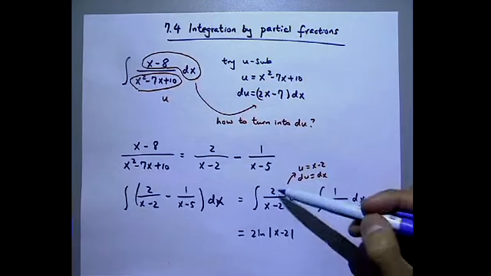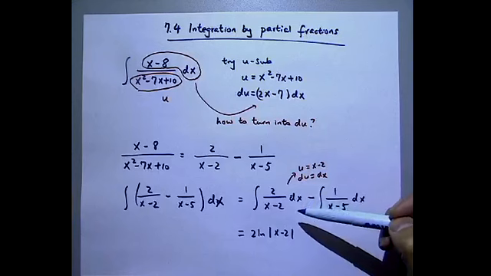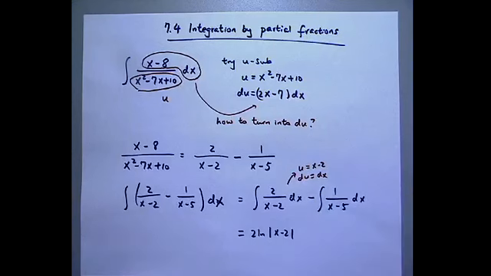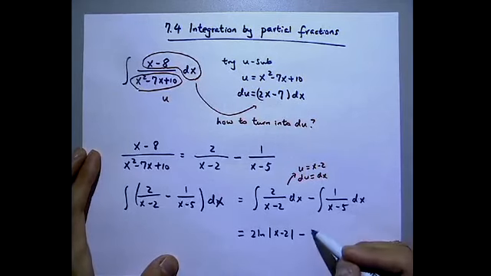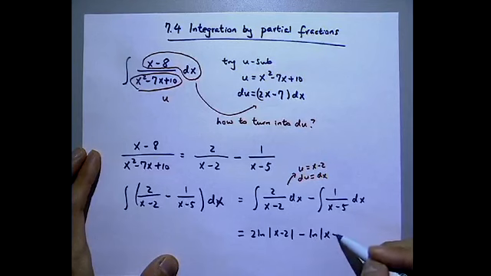So this is 2 over u times du. Right, and then the second one here, same idea, natural log of x minus 5 plus some constant.